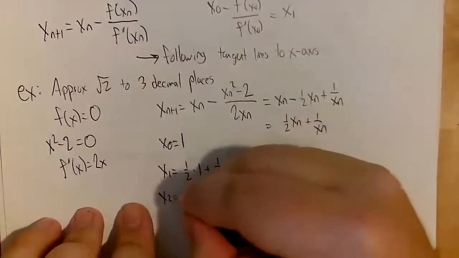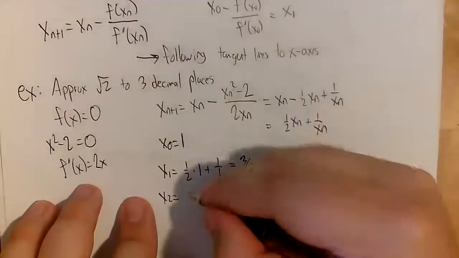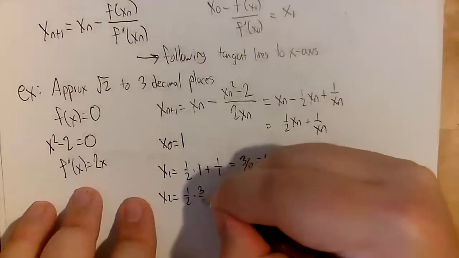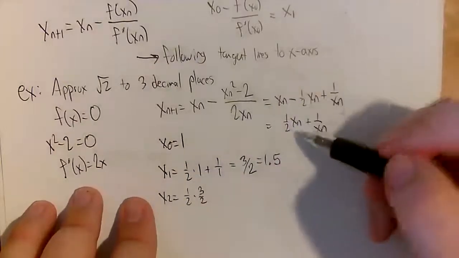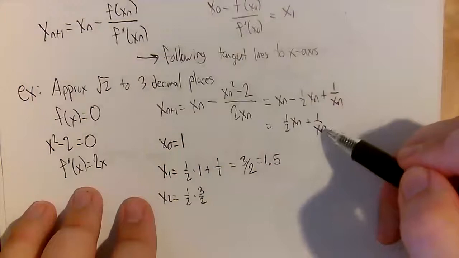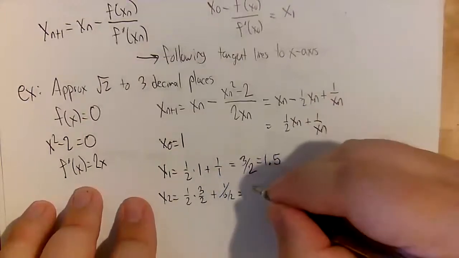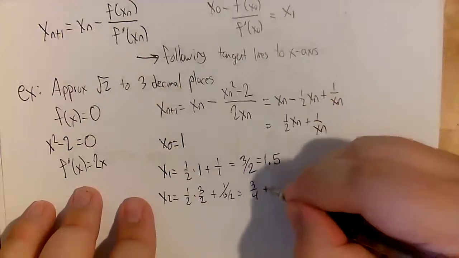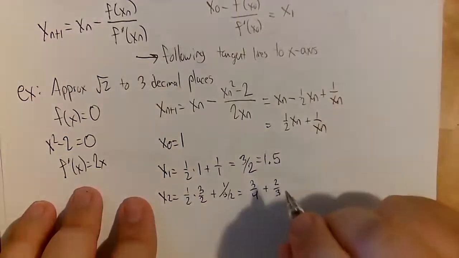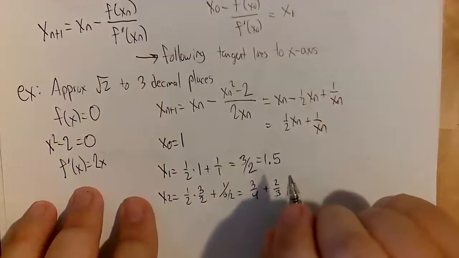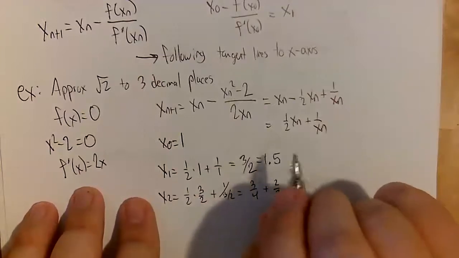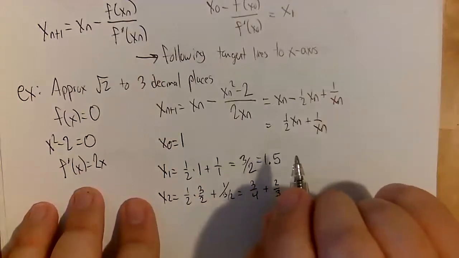All right, well, x2 can be gotten with 1/2 times 3/2, so now I'm plugging 3/2 into this, and then I have 1 over 3/2. So this will be 3/4 plus 2/3, and that ends up giving us 17 over 12.